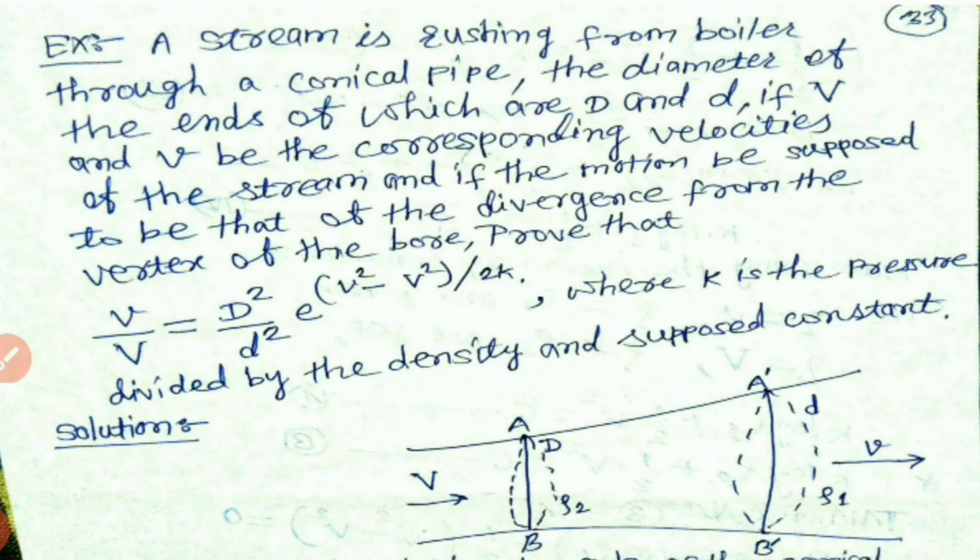If capital V and small v be the corresponding velocities of the stream, and if the motion be supposed to be that of divergence from the vertex of the bore, then we want to prove that small v upon capital V is equal to capital D square upon small d square into e to the power small v square minus capital V square divided by 2k. Here k is the pressure divided by the density and is supposed constant.